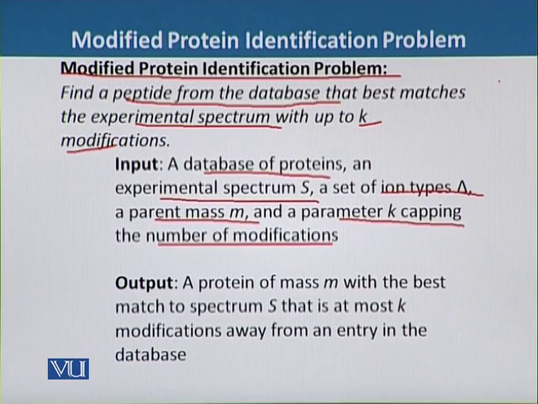Because we know that there are more than 200 modifications that could be present in proteins after translation, so the scientist used only a few of the modifications. The output of this algorithm will be a protein of mass M with the best match to spectrum S that is at most k modifications away from an entry in the database.